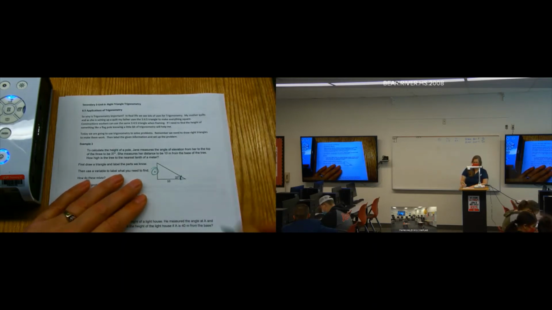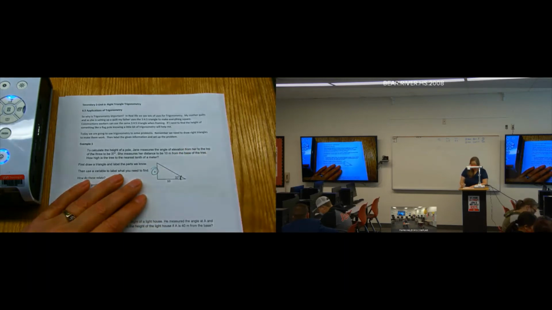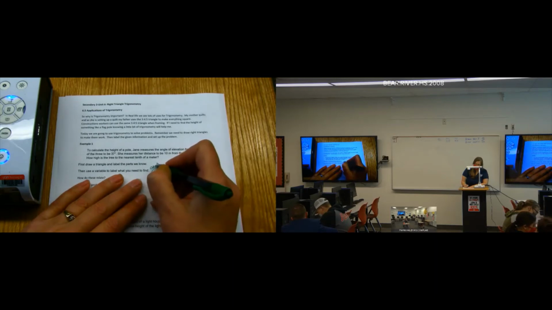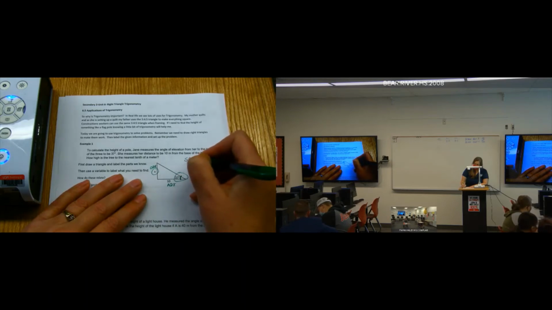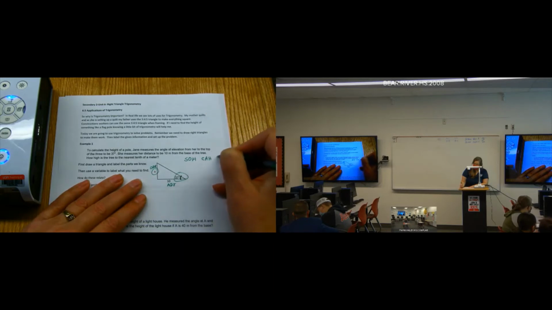What sides do I have? From the angle, this one would be opposite. This one would be adjacent. Which one am I going to use? Why am I going to use tangent?